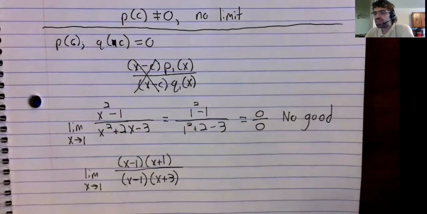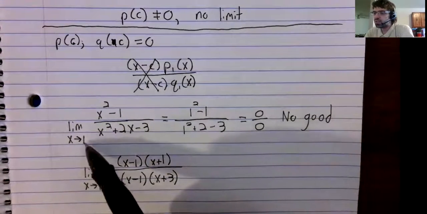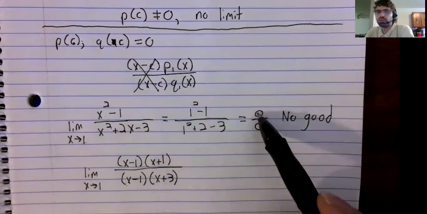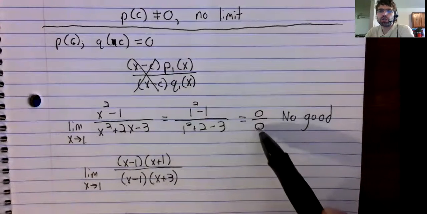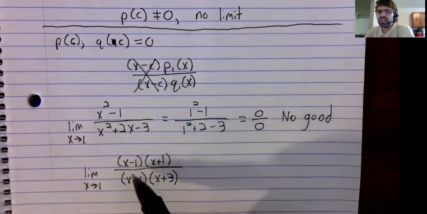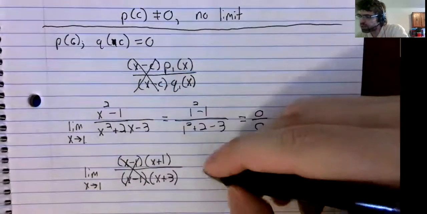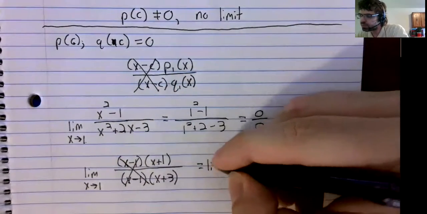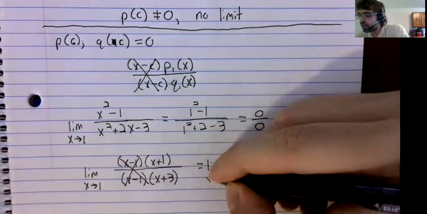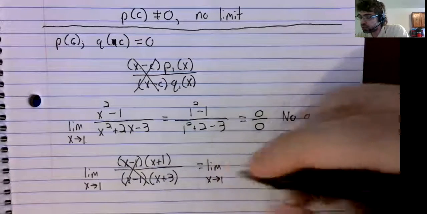Just like we said, this 1 was a root of the numerator and a root of the denominator. So we knew we needed to have x minus 1 terms in both places. Factor that. And now try again.